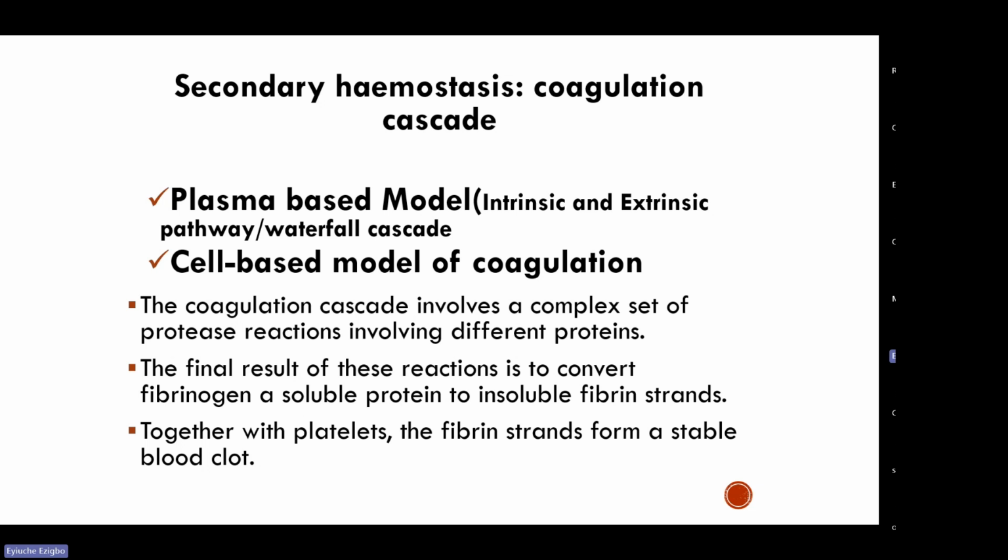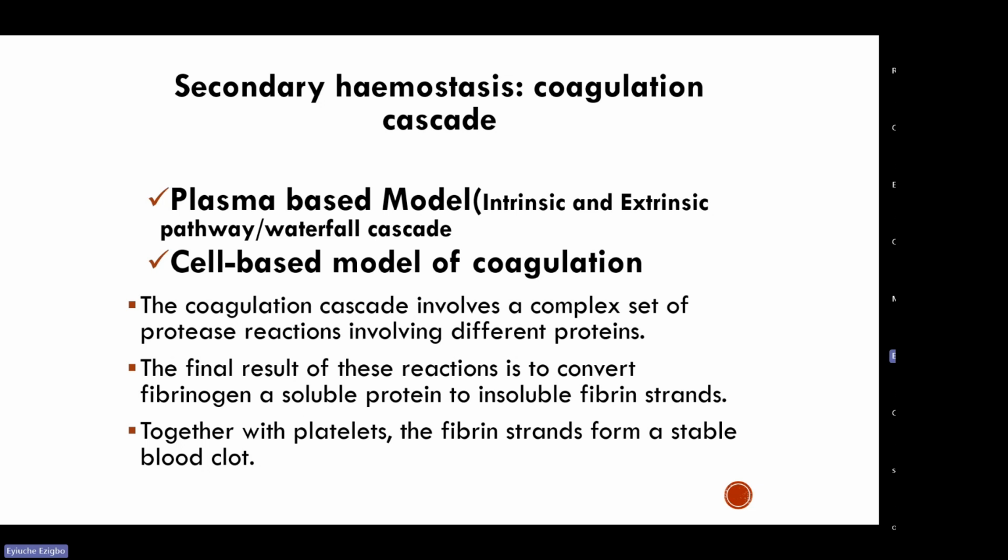The tissue factor pathway, because tissue factor is not present in the blood, the pathway involving factor 7 and tissue factor, was named the extrinsic pathway of blood coagulation using the plasma-based model. So the coagulation cascade is a complex set of protease reactions involving different proteins.